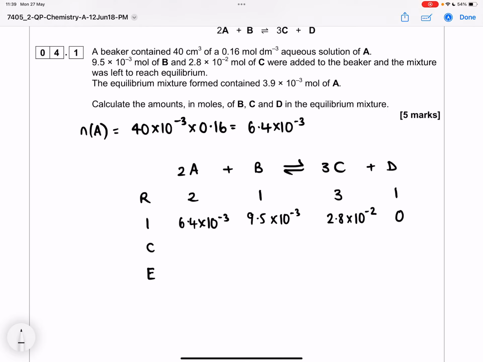Now, we've been told at equilibrium that there's 3.9 times 10 to the minus 3 moles of A. So the first thing we need to do is work out what this first change is. 6.4 times 10 to the minus 3 minus 3.9 times 10 to the minus 3.